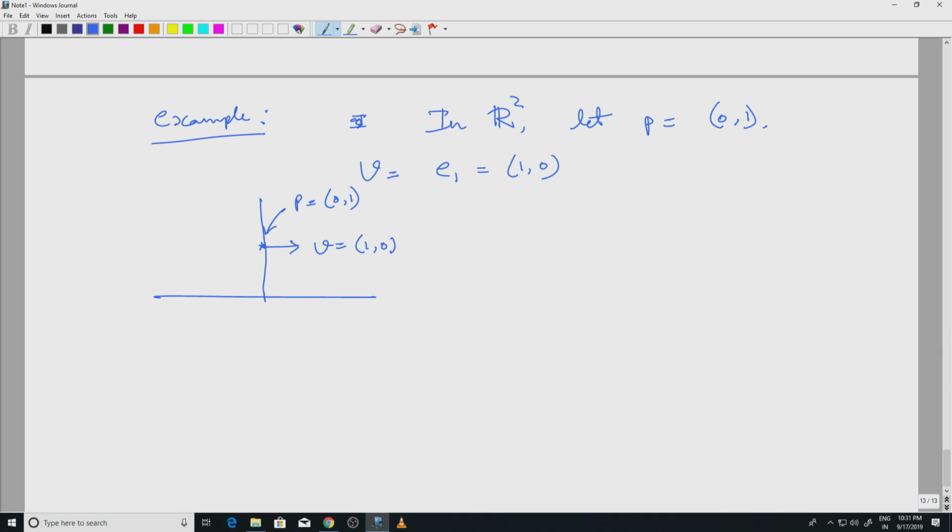So through this point and in this direction, of course, the straight line is what I called alpha of t.